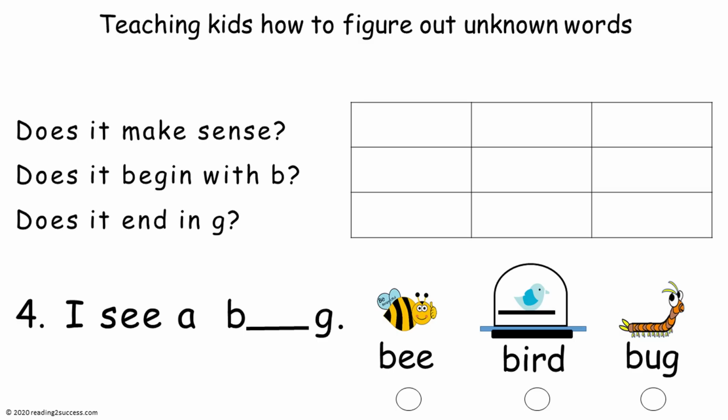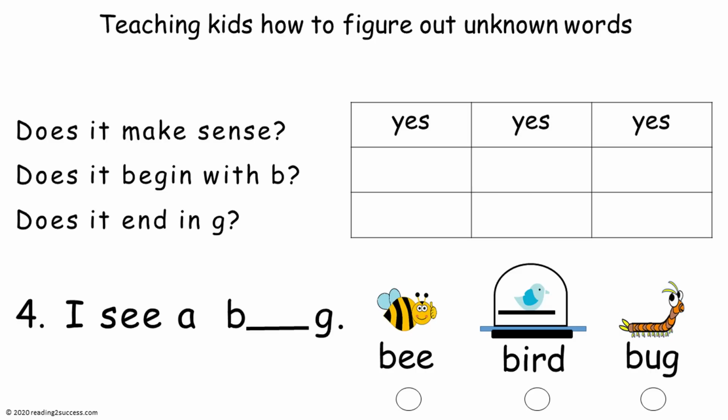I see a bee, and ask, does that make sense? Yes. I see a bird. Does that make sense? Yes. I see a bug. Does that make sense? Yes. Since bee, bird, and bug would all make sense in this sentence, go to the second question.